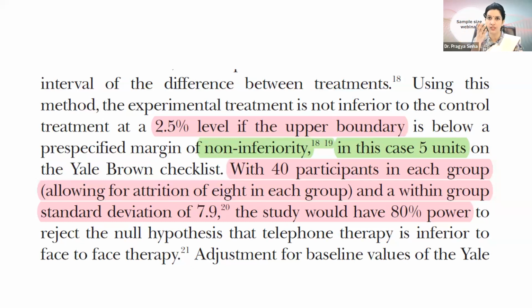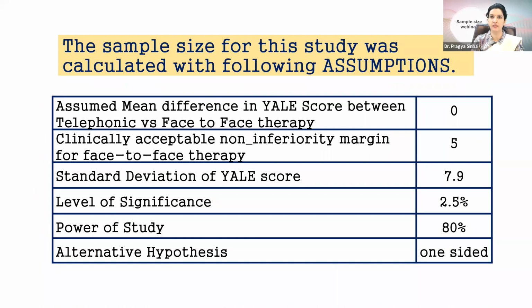So before you see this, let's see the input. So it is 0 difference, because I said that in most cases, we take this difference as 0. Why? Because we don't have the existing one. And if you take some value, then the overall sample size will be very large.